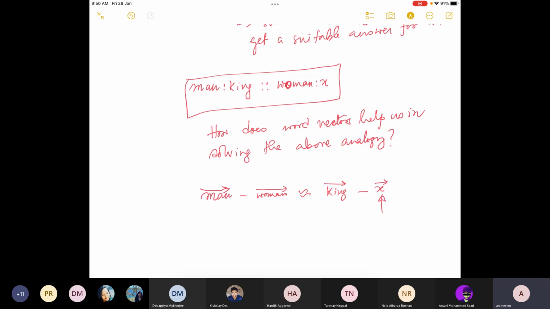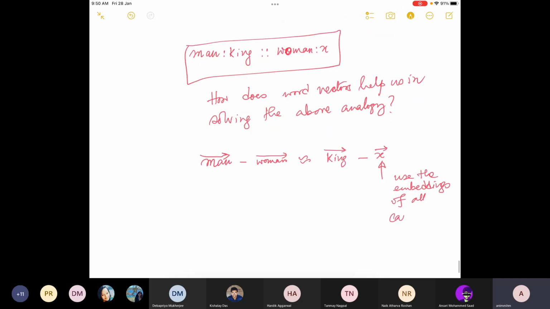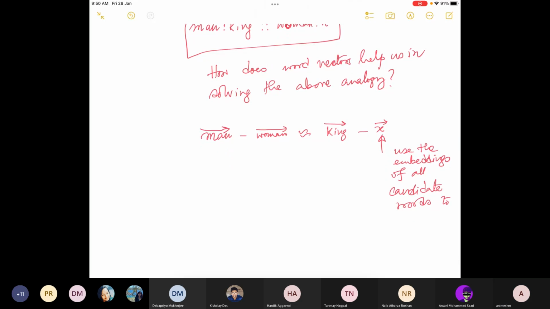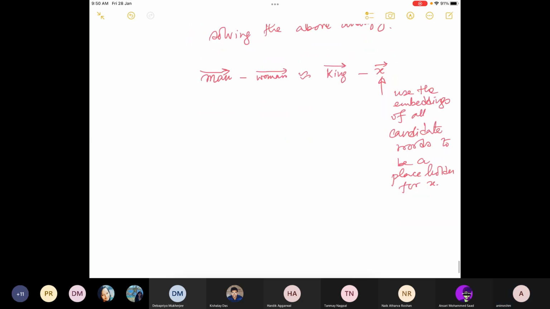And for this you can use the embeddings of all candidate words to be a placeholder for X. Okay.